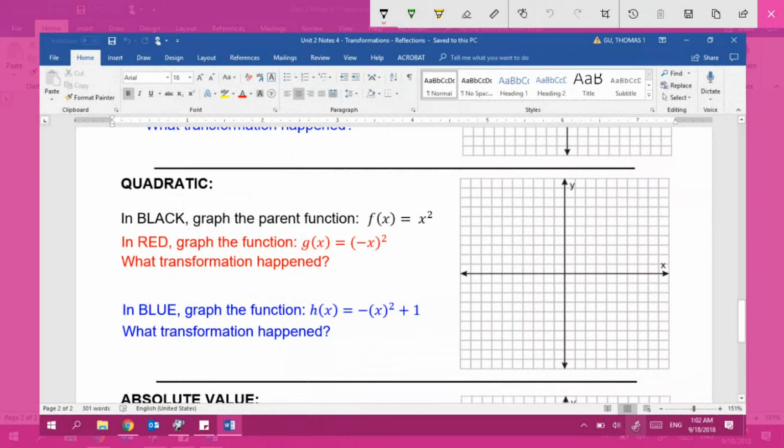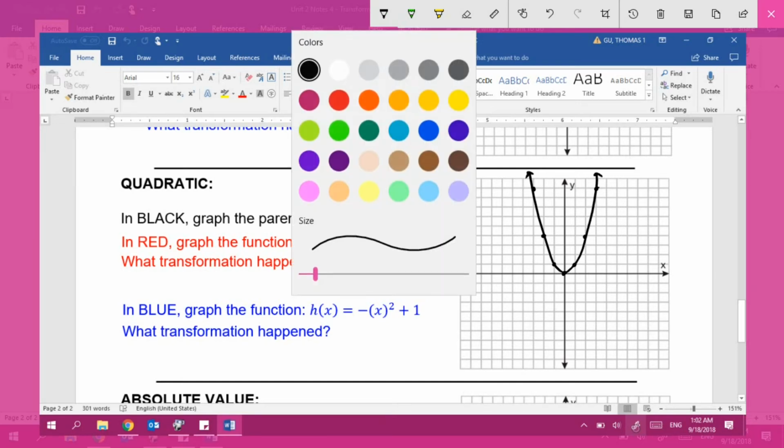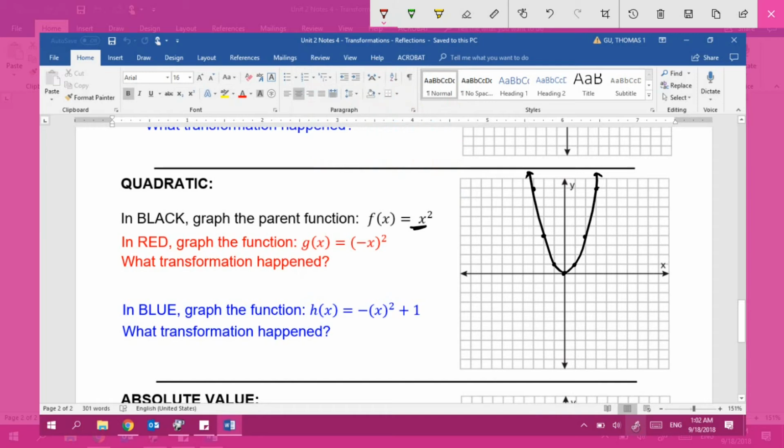Okay, so the parent function of quadratics, remember, is (-3, 9), (-2, 4), (-1, 1), (0, 0), and then (1, 1), (2, 4), and (3, 9). This is my parent function. Now in red, we're going to graph g of x equals, parentheses, -x, squared.